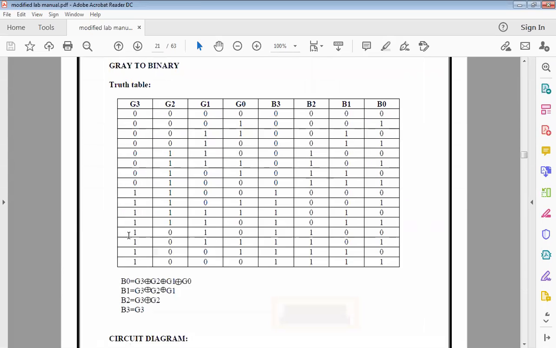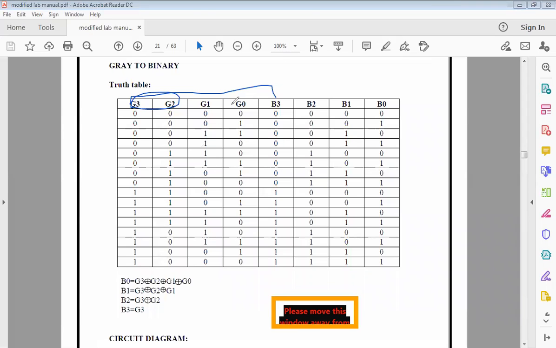Here also your B3 and G3 are one and the same, and your B2 is nothing but XOR of G3 and G2, and your B1 is XOR of G3, G2, and G1.